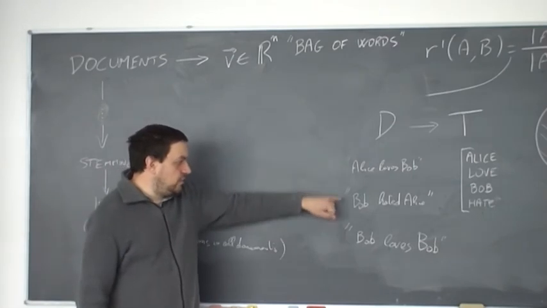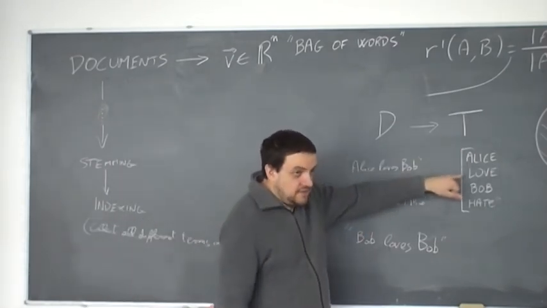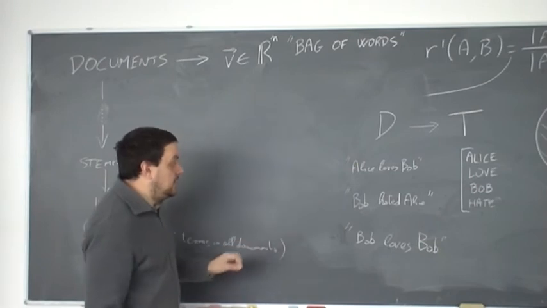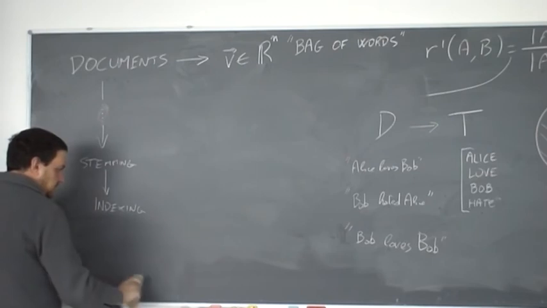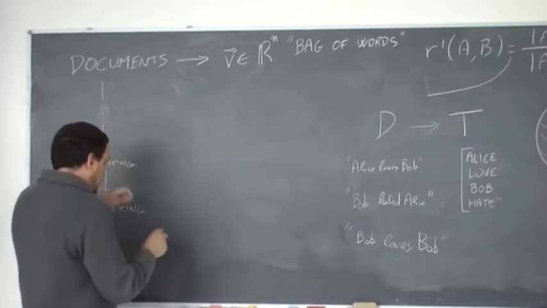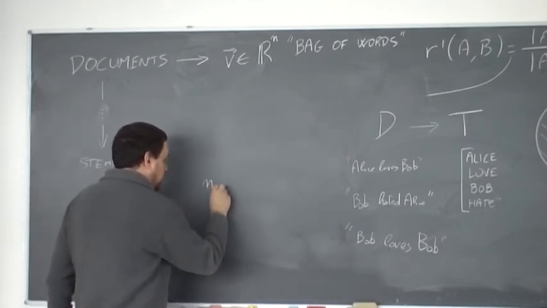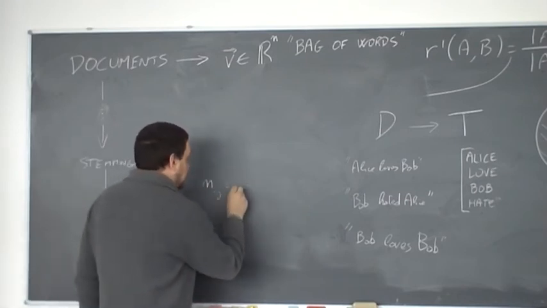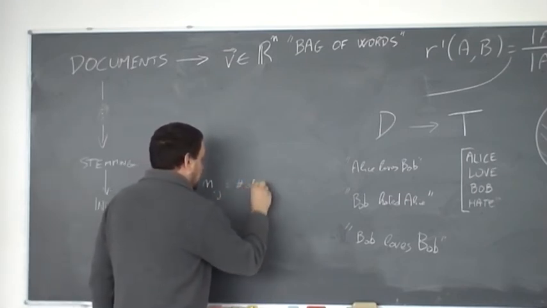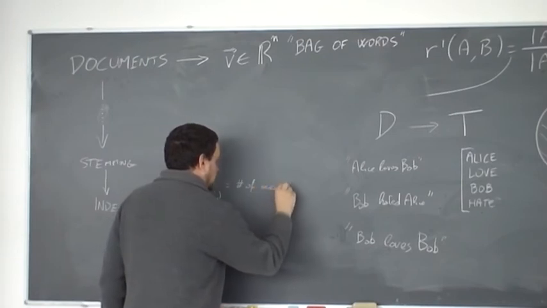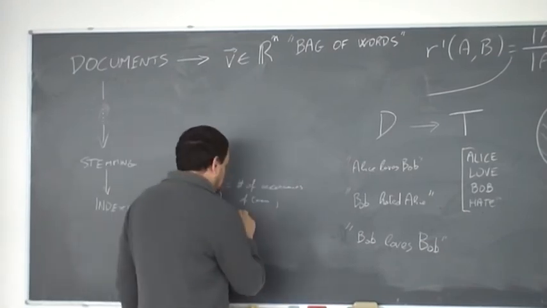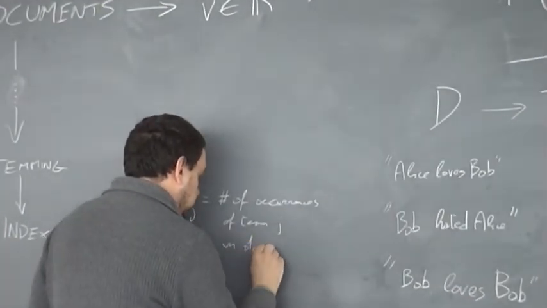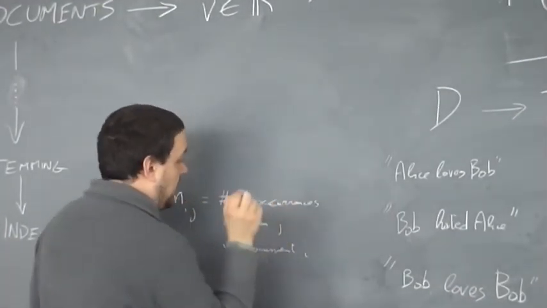By looking at all documents and building this list of terms, we can compute this quantity, let's call it Nij, defined as the number of occurrences of term j in document i.